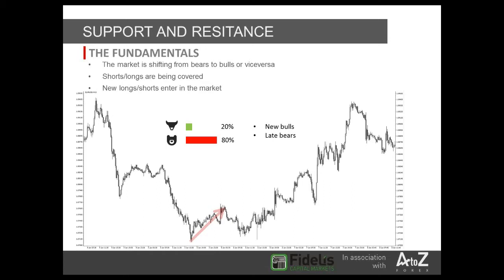Okay, so in this stage there is probably a 20-80 ratio between bulls and bears. Okay, and we're going back. This is a very interesting part of this price action. Why? Because we failed to create new lows. Okay, so this is the first point where you have to think that something has changed.